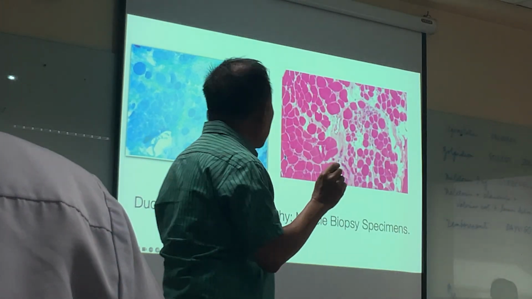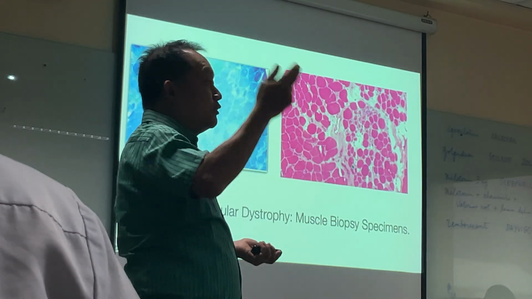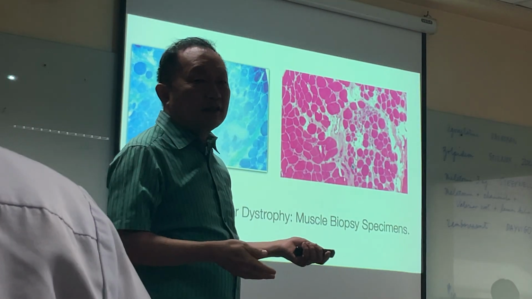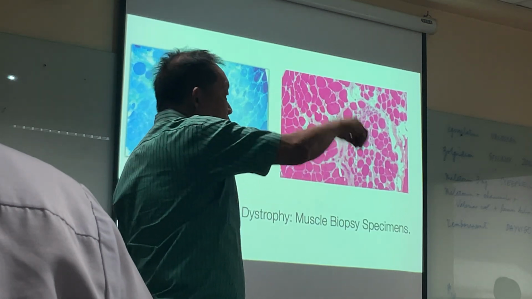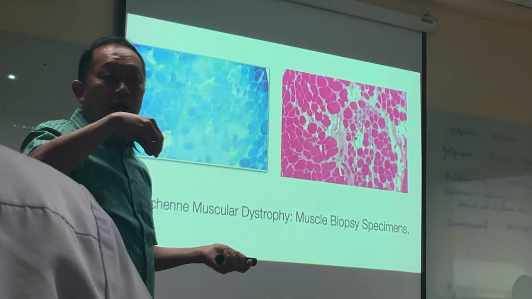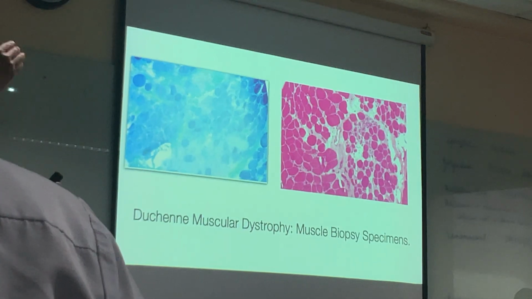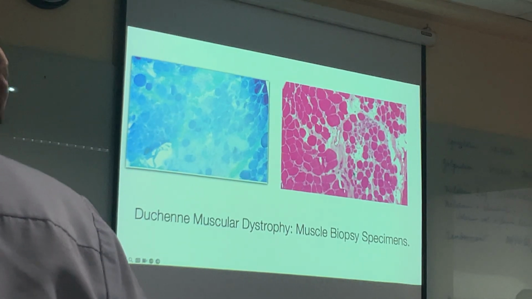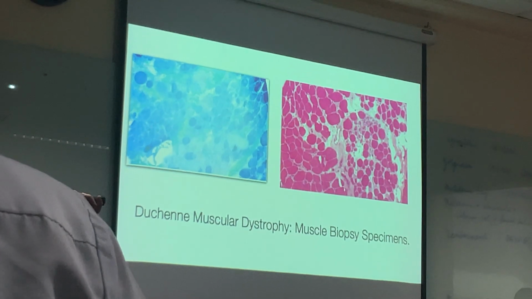So when they do the processing, dehydration and paraffin and blocking, by the time they look at it on the specimen, all the muscle fibers are already messed up.